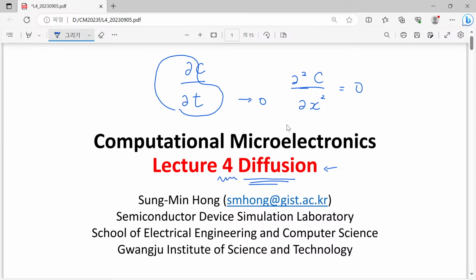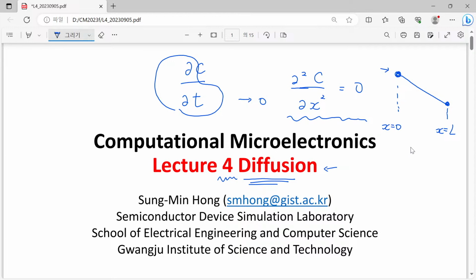That was the equation we solved. Maybe you remember that we assumed certain boundary values at x equal to 0 and another value at x equal to L, and the analytic solution was just a straight line connecting these 2 points.